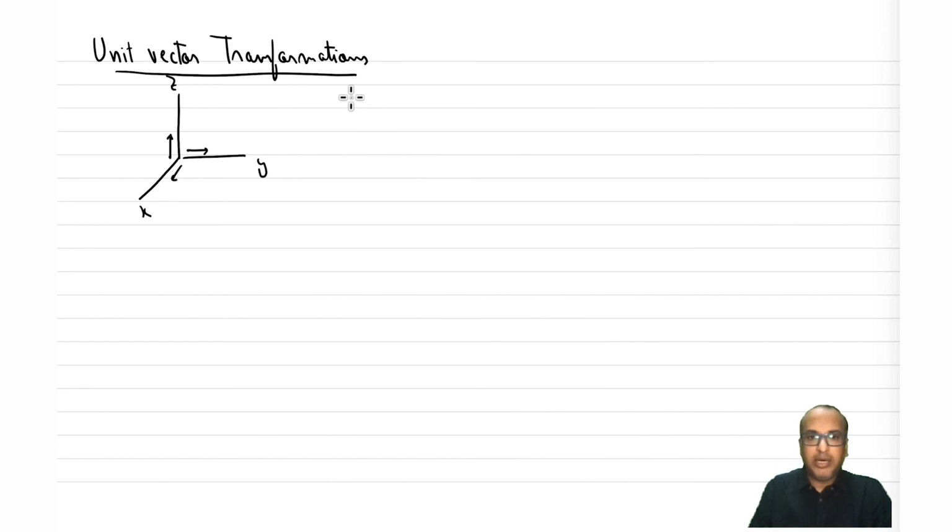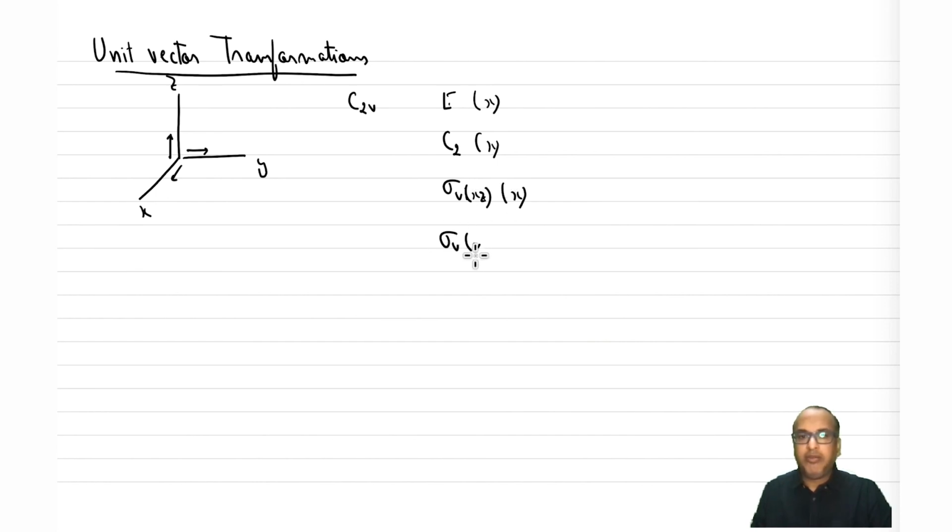For example, let's again write the C2V point group. So if I want to write the matrix under, let's say, x as my basis, C2 also x. So I'm transforming using sigma V1 or sigma Vxz for x, sigma Vyz for x, right?